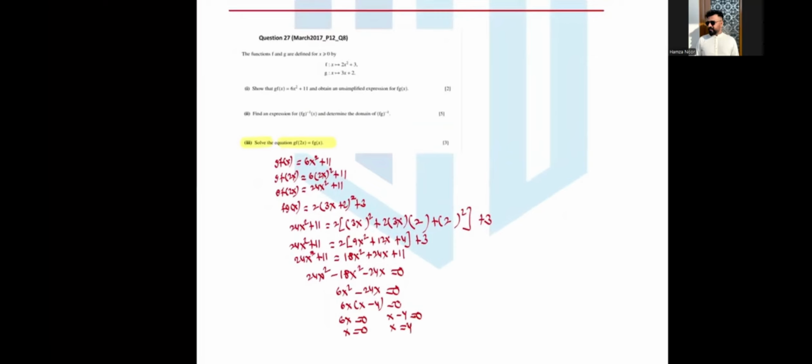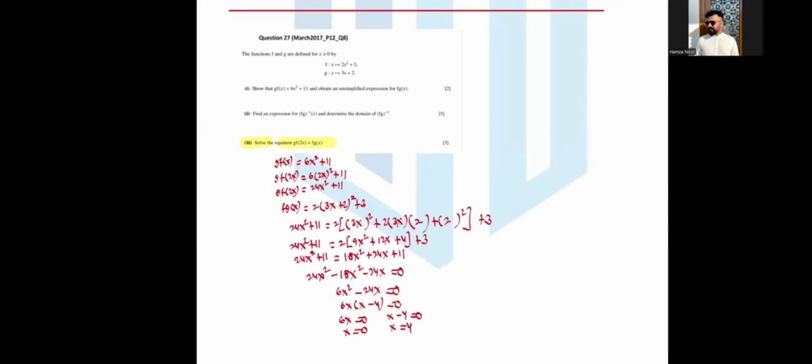Okay, so we need to see the domain of the inner function. And we also need to see the domain of the function g(f(2x)), which will be exactly the same as the domain of the inner function f(x).